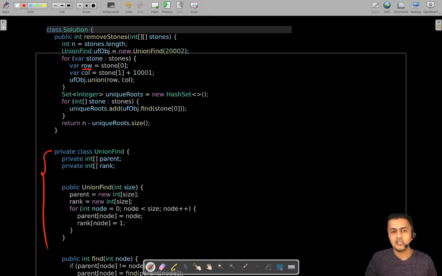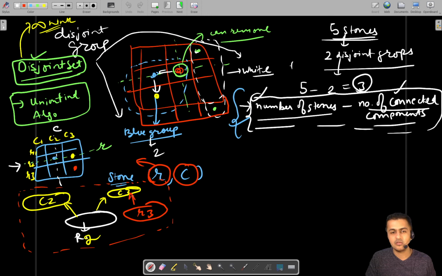You take the row and the column at which a stone is present, and since a stone is in a way connecting its row and column, you will make a group of these two, just like we did here. For example, we just did it with R2 and C2. This blue one's coordinate, R2 and C2, was one stone's coordinate.